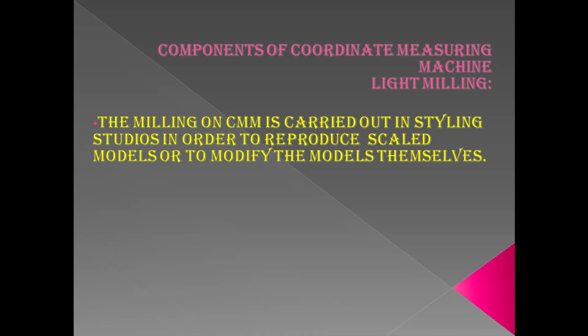What it says is that in CMM, the models are modified, reproduced or styled as part of a process. I have already told you that a special type of computer or operating system is used in this machine, with software made especially for this purpose.